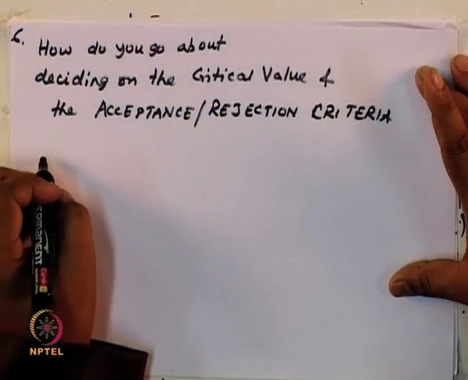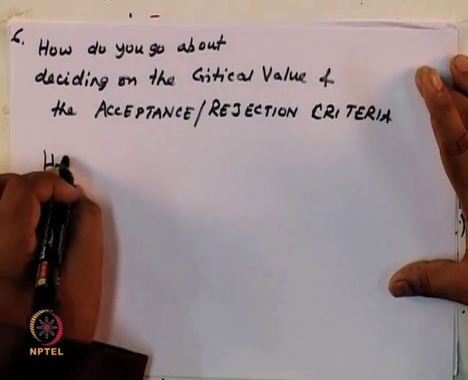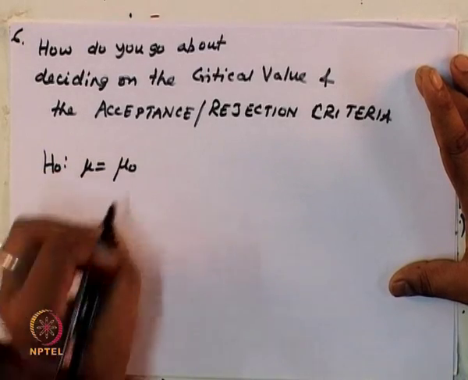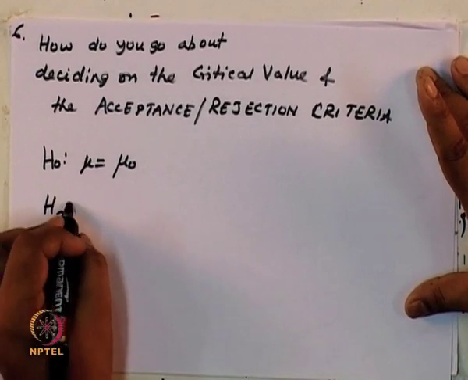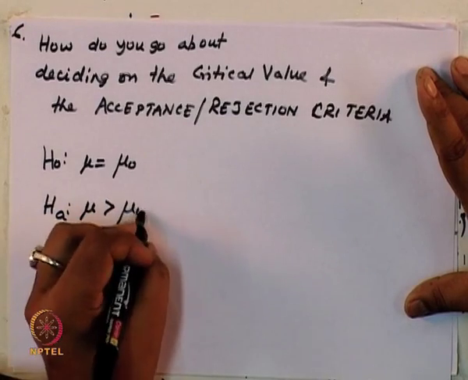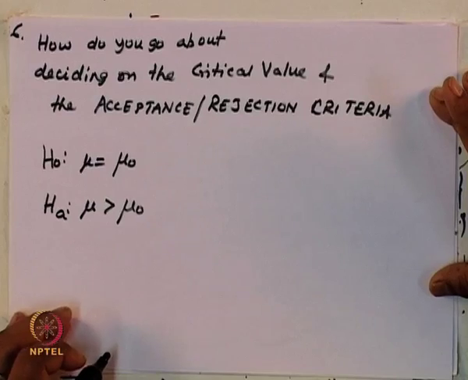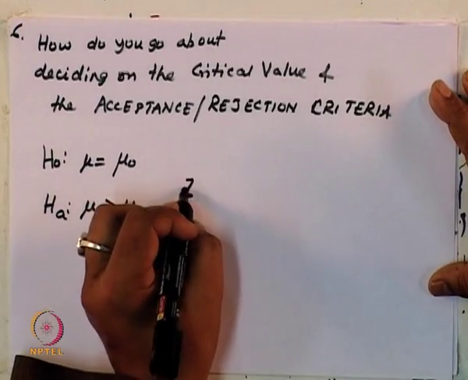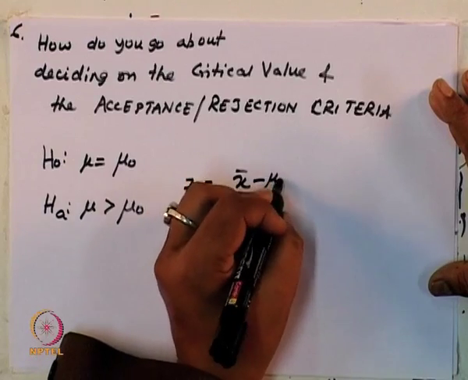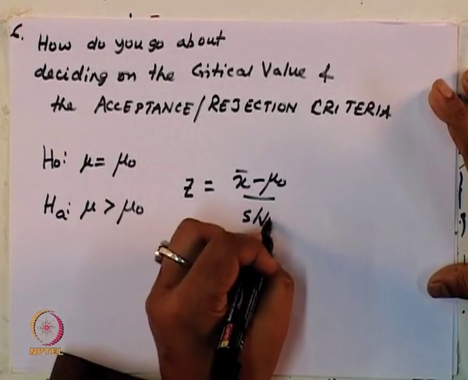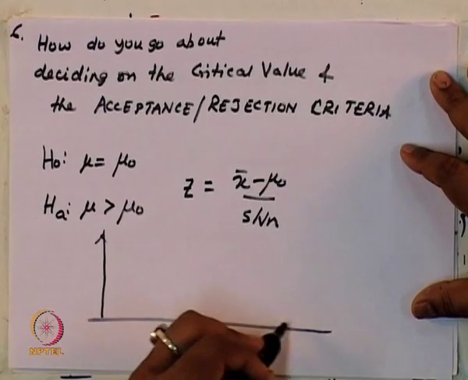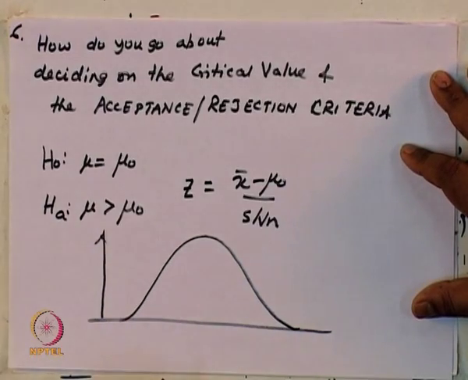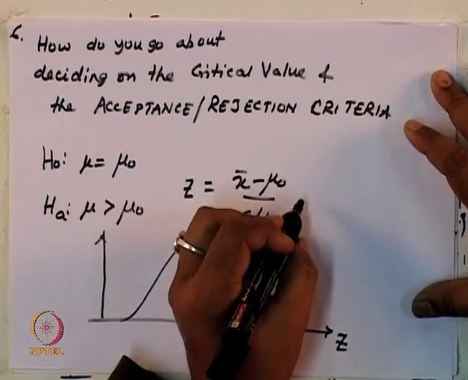Let us take again H naught is mu equal to mu naught, and we take H A is mu greater than mu naught. I would go about by calculating the test statistic Z given by x bar minus mu naught divided by S by root of n. If I were to draw the whole curve, this is my 0, since I am plotting Z, a standard normal variable.